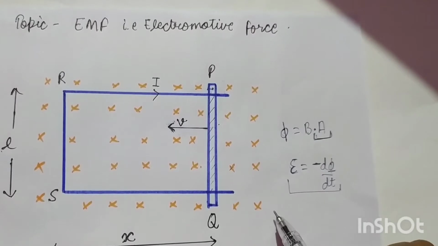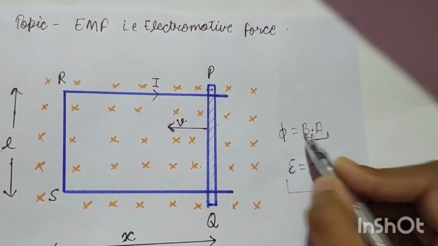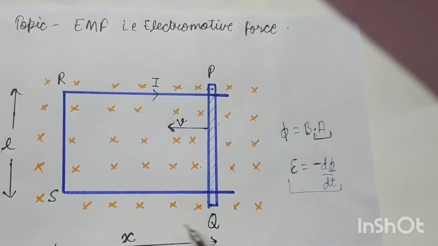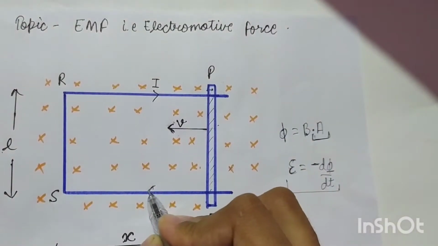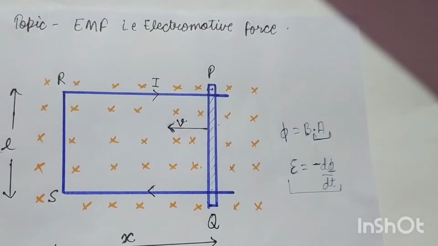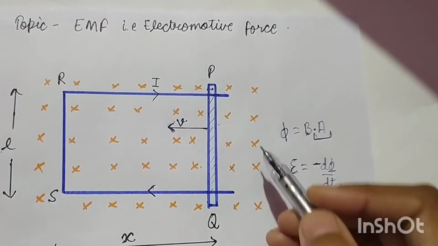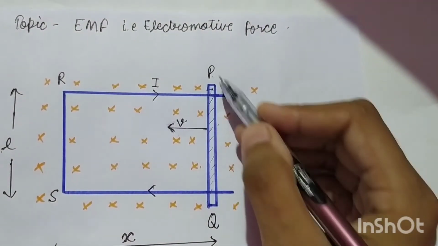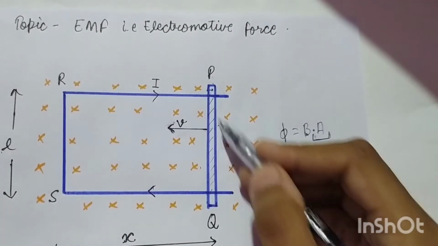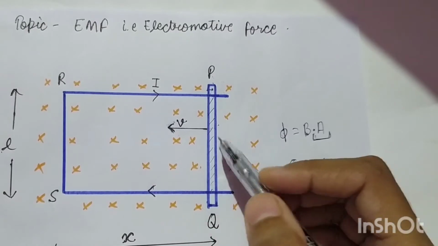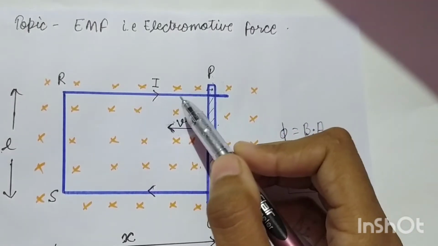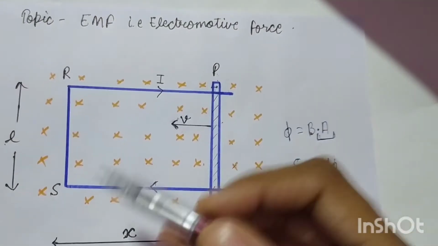Due to the induced EMF set up across the ends of the conductor PQ, there will be a flow of current in the circuit. The direction of flow of current, as you can see, is along PQ, R, and S.